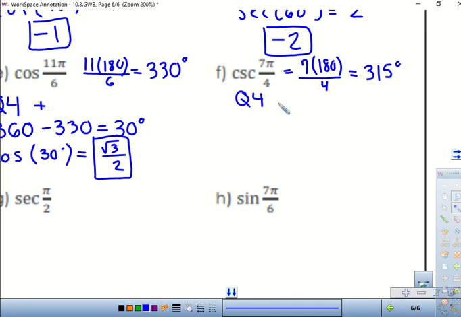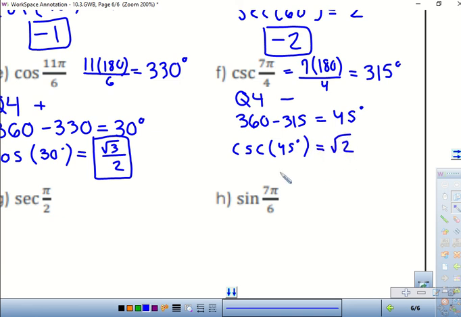Sine. What is sine in the fourth quadrant? Negative. We use our reference angle rule, 360 minus 315, which is 45, which means we need to calculate cosecant of 45, which is radical 2, but the answer is ultimately what? Negative radical 2.